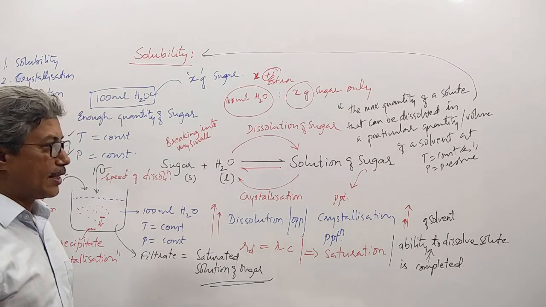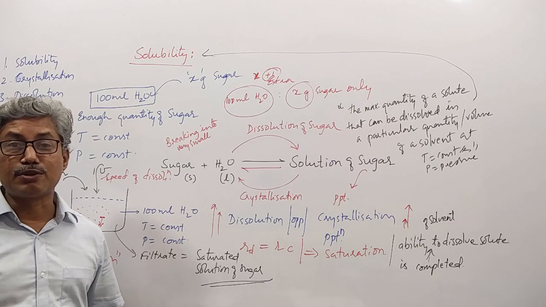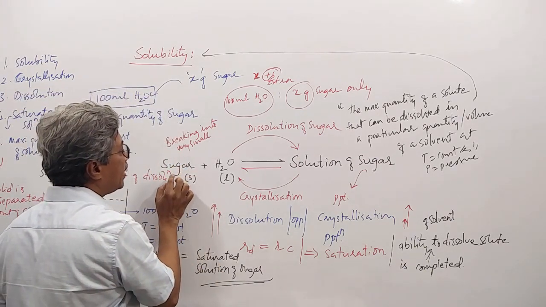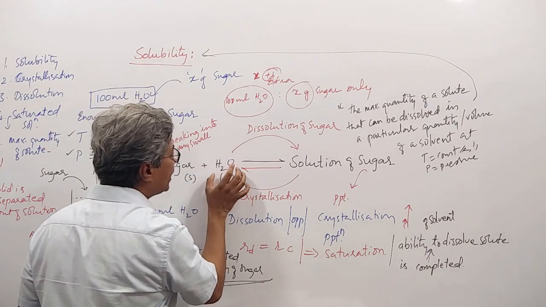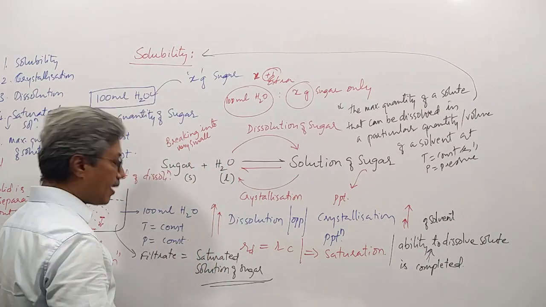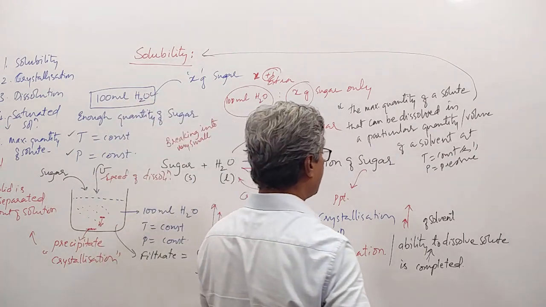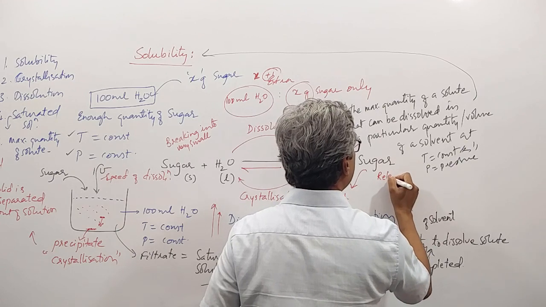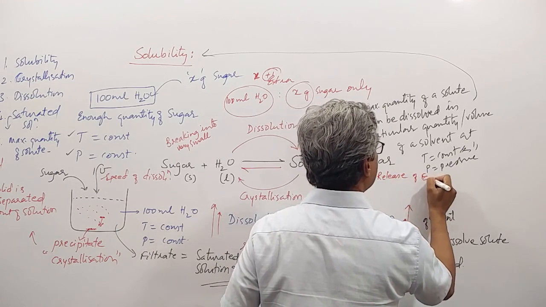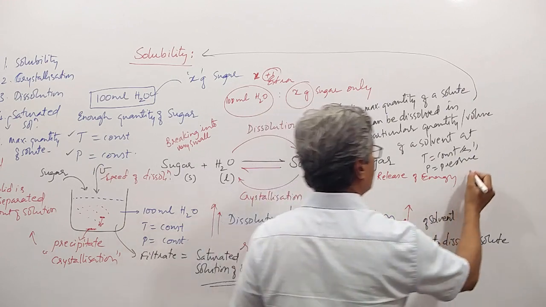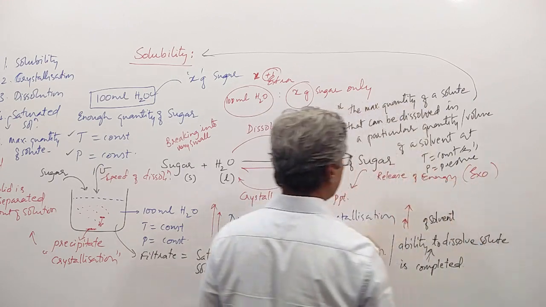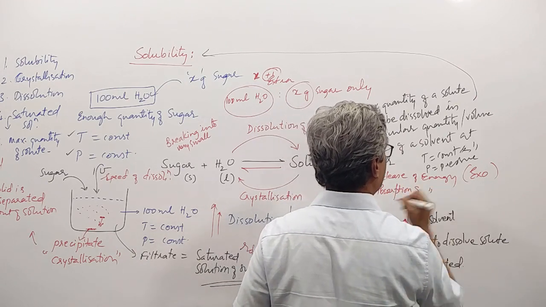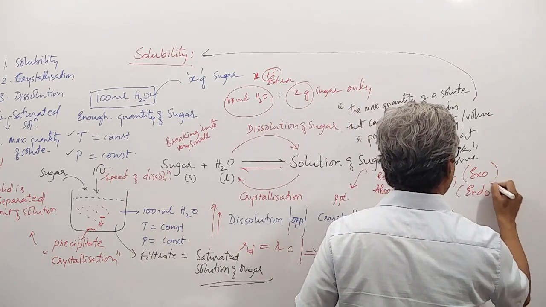Clear? Okay, students. One thing that you're supposed to understand is this. Dissolution of any solute in any suitable solvent is either associated with a release of energy, that is, the process can be exothermic, or absorption of energy, that is, it can be endothermic.